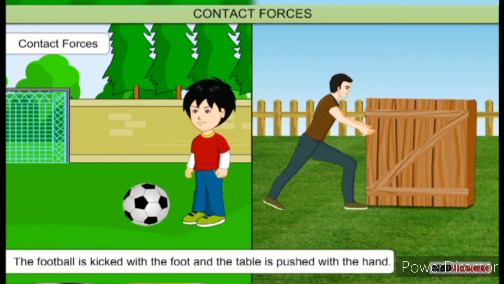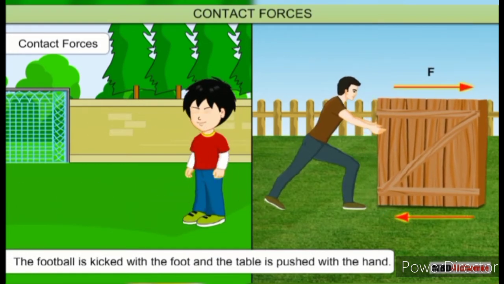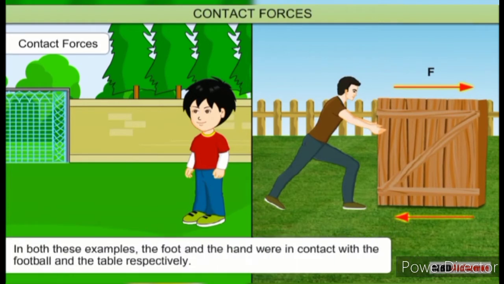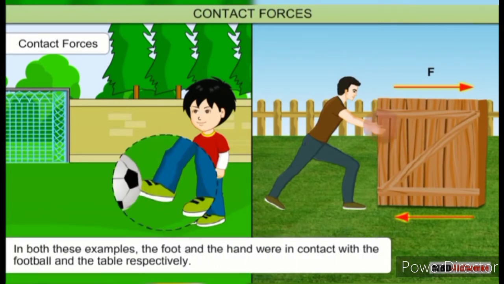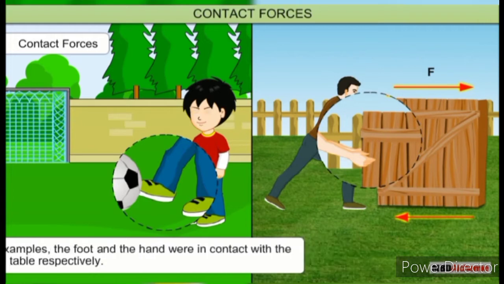The football is kicked with the foot and the table is pushed with the hand. In both these examples, the foot and the hand were in contact with the football and the table respectively.